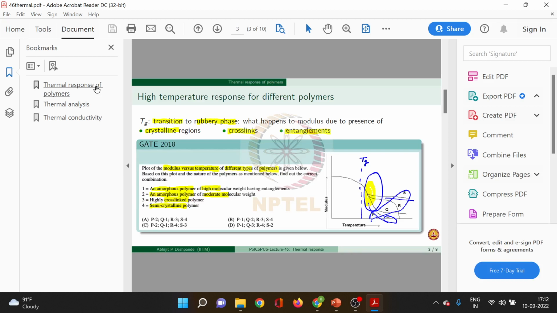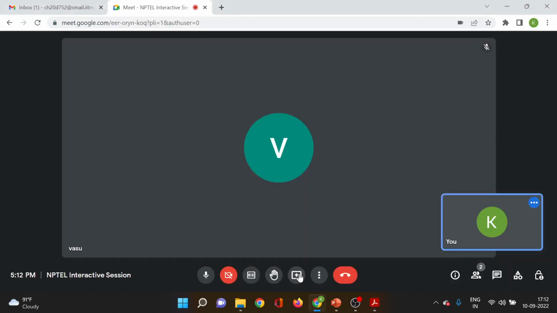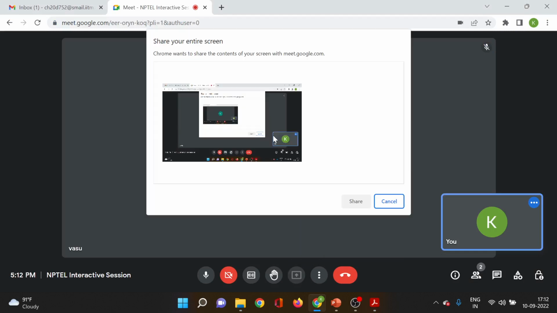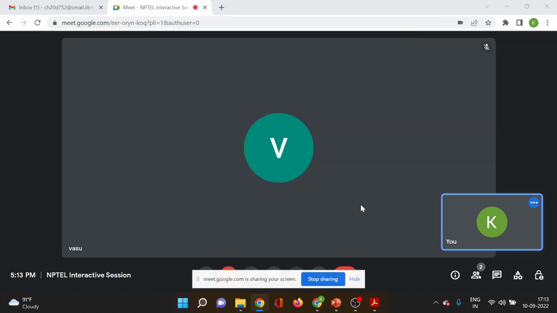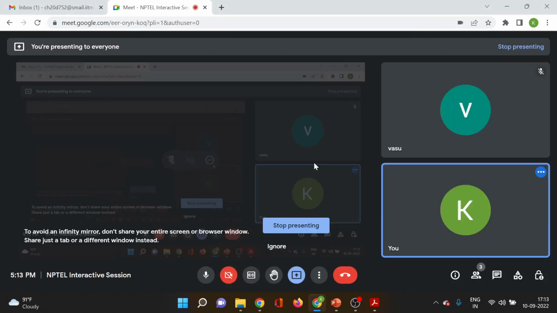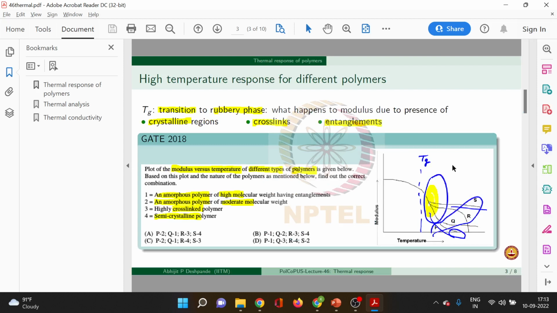Oh, sorry, you're not presenting your screen. This is the question you asked me. And why is that molecular weight high and low? How is this affecting? That's my question.